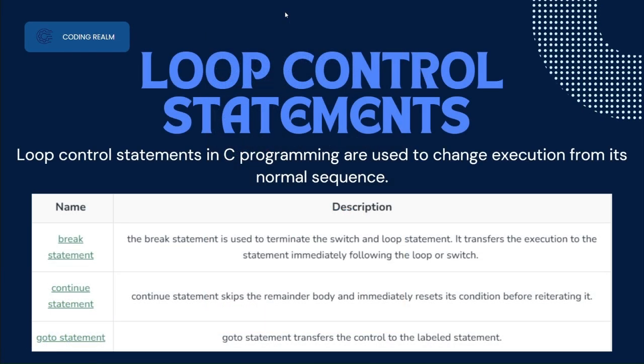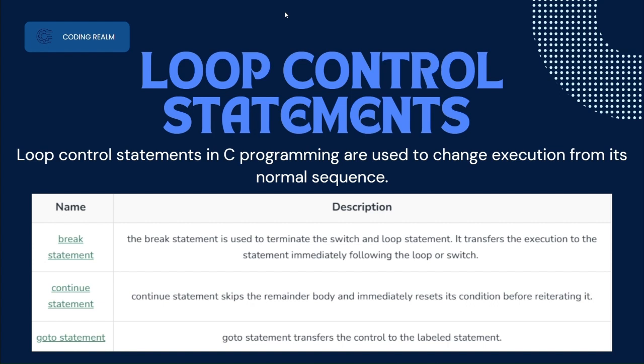Now the loop control statements. Loop control statements in the C programming language are used to change execution from its normal sequence. We have, for example, the break statement. The break statement is used to terminate the switch and loop statement. It transfers the execution to the statement immediately following the loop or switch.